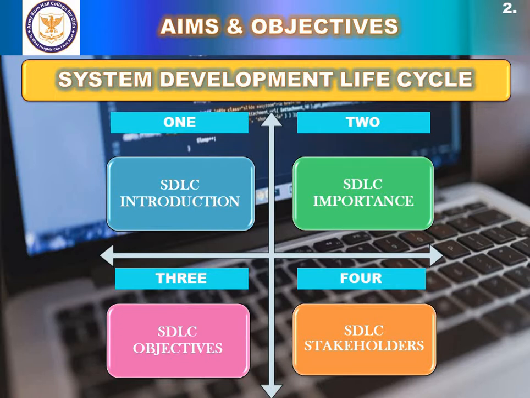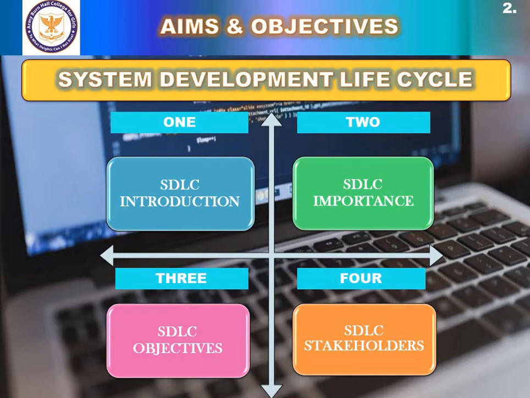The third thing we should know is what the specific objectives are, what we would get out of that system development life cycle if we implement that life cycle in order to establish or develop a system or software.